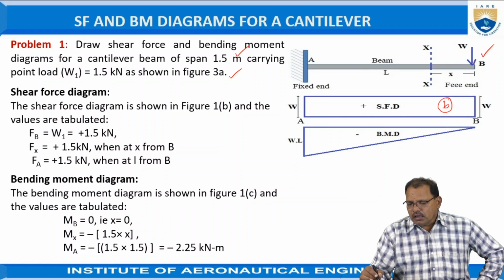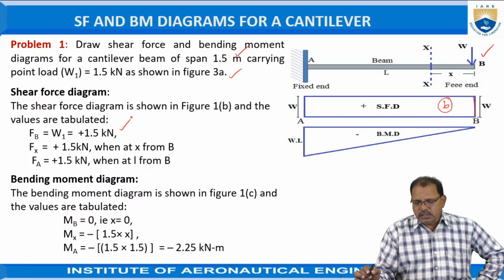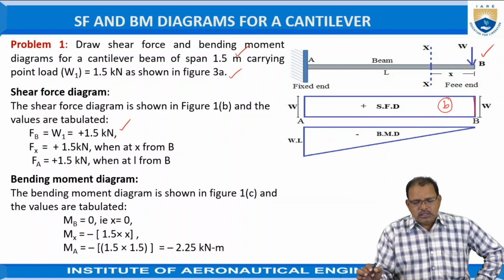Here at B, draw a vertical line in the upward direction to represent a load of 1.5 kilonewtons according to a suitable scale. Here 1 centimeter represents 1.5 kilonewtons, that is, you have to take 15 mm.